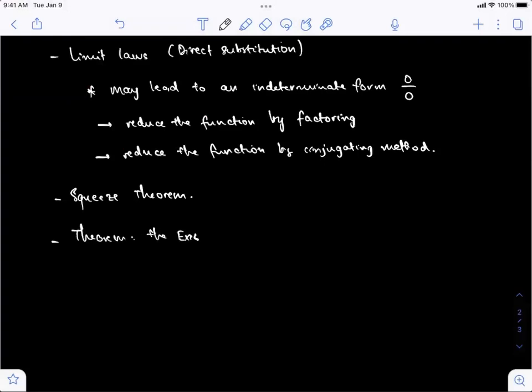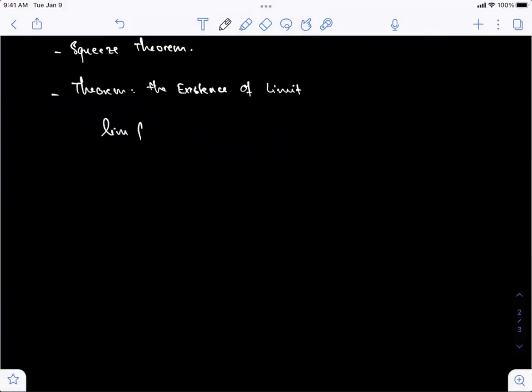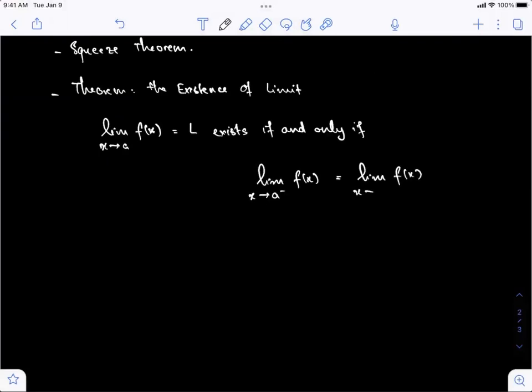So the existence of limits: the limit of the function f of x as x approaches a equals L exists if and only if the left-hand limit, the limit of the function as x approaches a from the left, equals the limit of the function as x approaches a from the right, and they are equal to the same value.